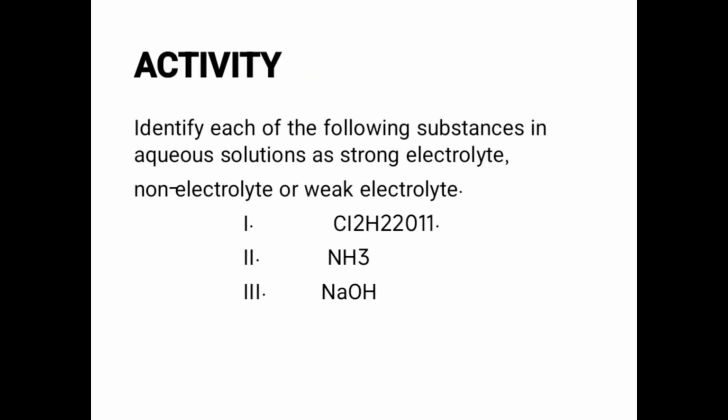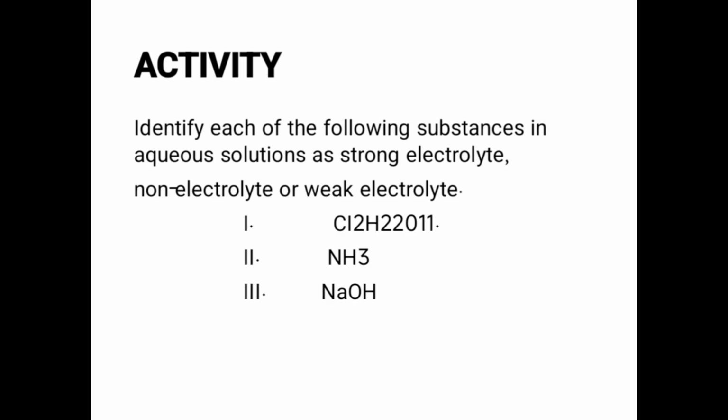So let's look at some activity in this module. Identify each of the following substances in aqueous solution as a strong electrolyte, a non-electrolyte, or a weak electrolyte. By now, you should be able to identify which one is a strong electrolyte, which one is a non-electrolyte, and which one is a weak electrolyte.